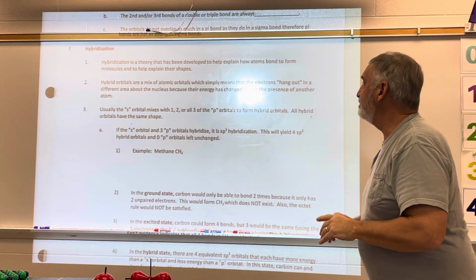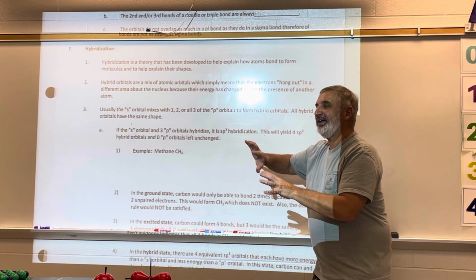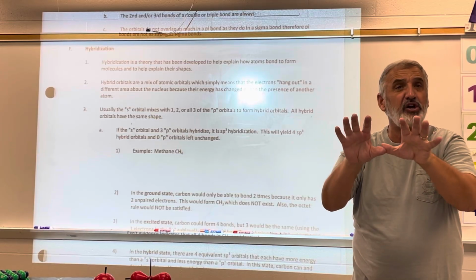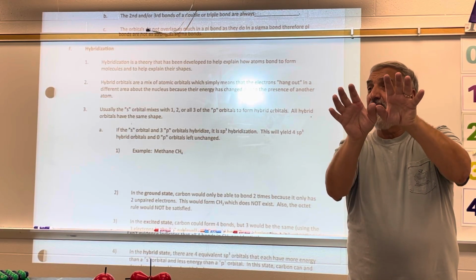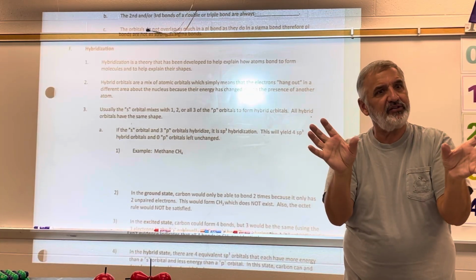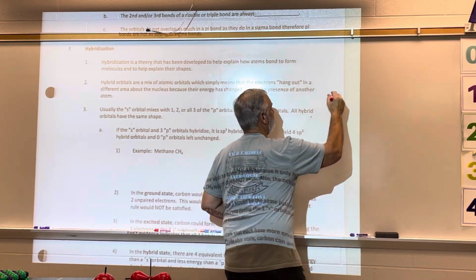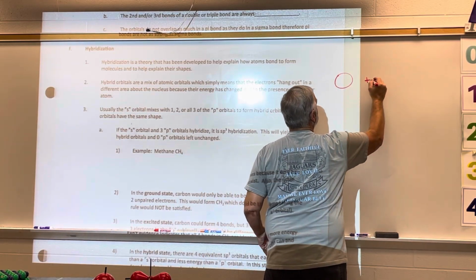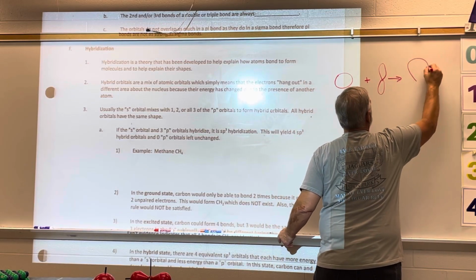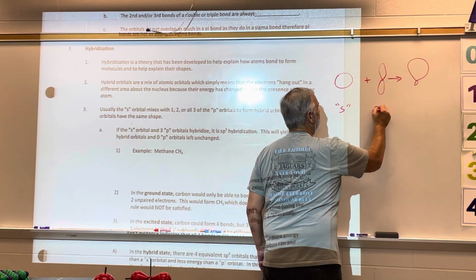Okay? So when we hybridize orbitals, an orbital is the most probable place an electron can hang out. There's no walls, there's no barriers. So all this means is the electrons are going to be hanging out in a different shape around the nucleus. So if I take an s orbital and hybridize it with a p orbital, my hybrid orbital is going to look like this. This is my s and a p.